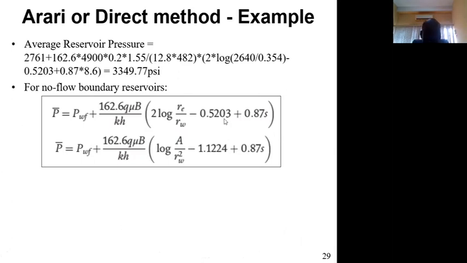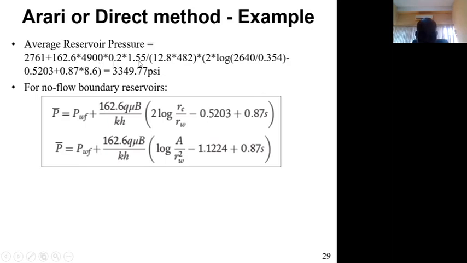So using the first equation here, PWF, this is the last flowing pressure before the well was shut in. It's obtained from the first column of the example, and then you have the flowing rate at which the well was flowing.